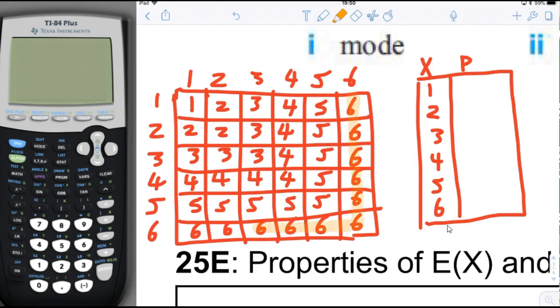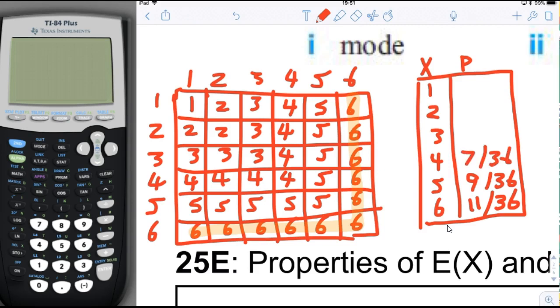That would be all these 6s here. There's 6, 7, 8, 9, 10, 11 6s here. So there's a chance of 11 out of 36 to come up 6, right? And then 5, 1, 2, 3, 4, 5, 6, 7, 8, 9, it would be 9 out of 36, for example. Okay? And for 4, it would be 1, 2, 3, 4, 5, 6, 7 out of 36.